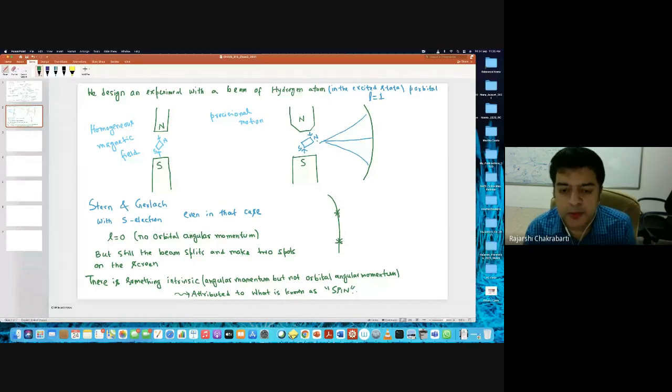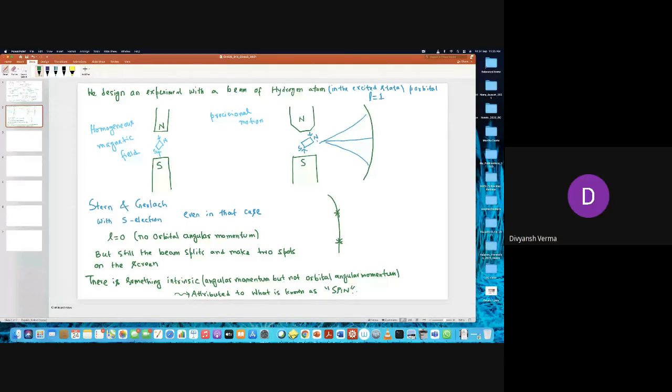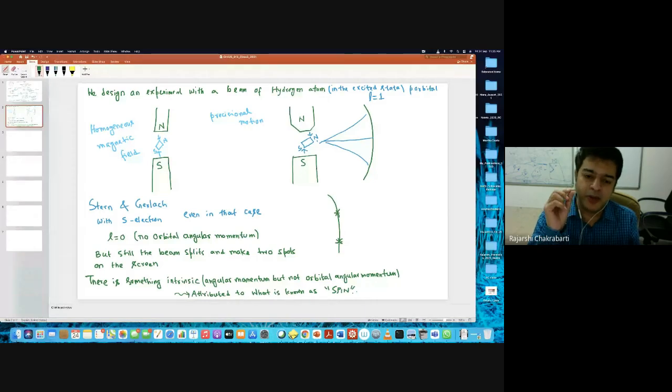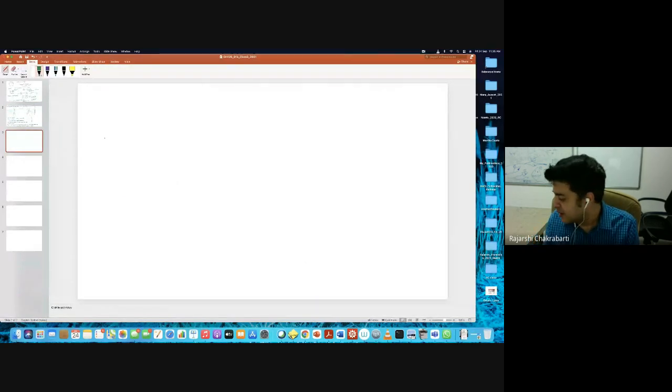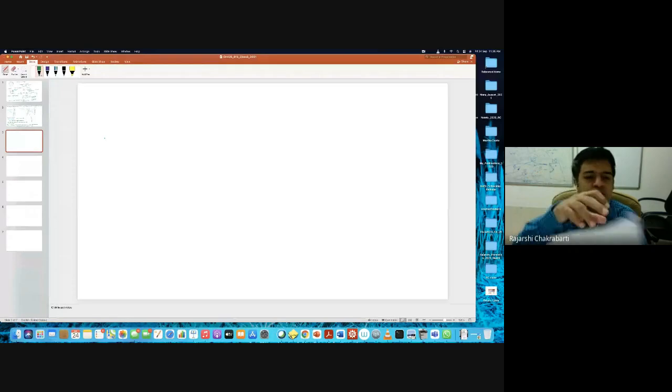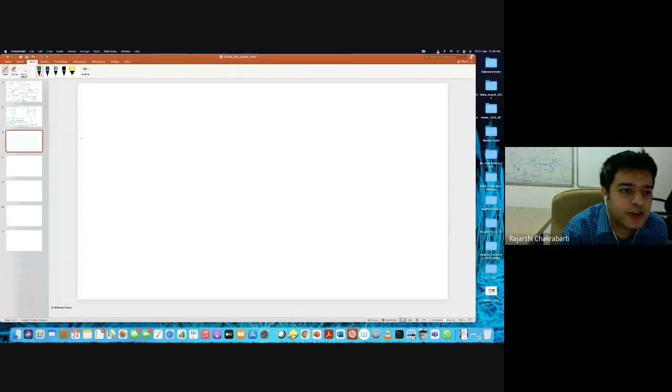But again, I reiterate that this spin has nothing to do with a tiny particle spinning on its axis. Sometimes people use that picture, but that is not the correct picture. You will see that the algebra associated with the operators for spin is exactly the same. The only thing is that for the electron, there are only two spin states.